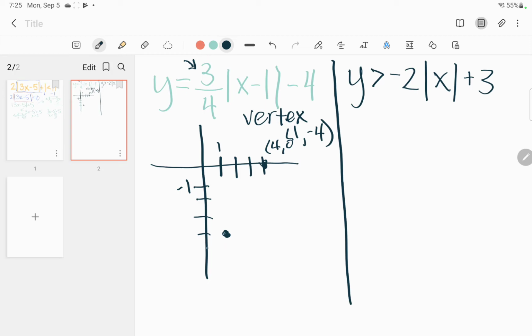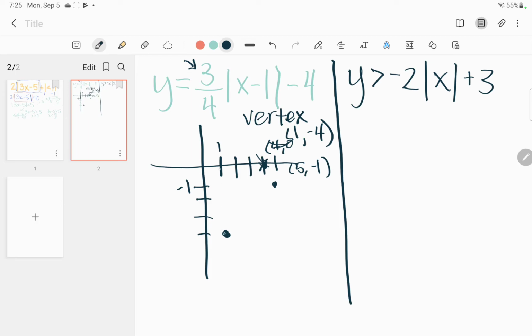And then to go once again, sorry, I should have gone up 3 and over 4. So we'll cross that off. That is going instead to 5, -1.